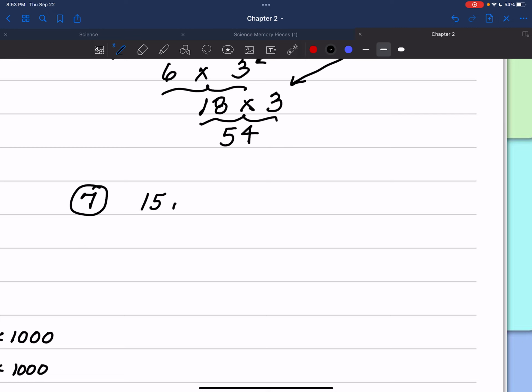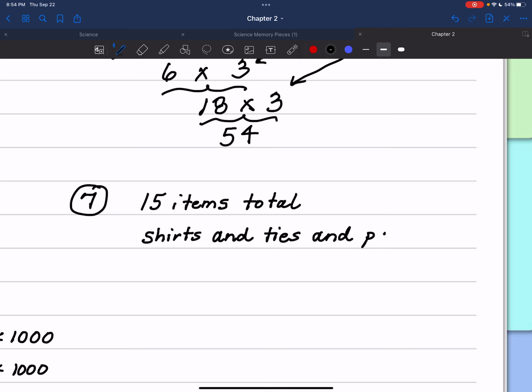He can have 15 items total, and he wants to have shirts and ties and pants.